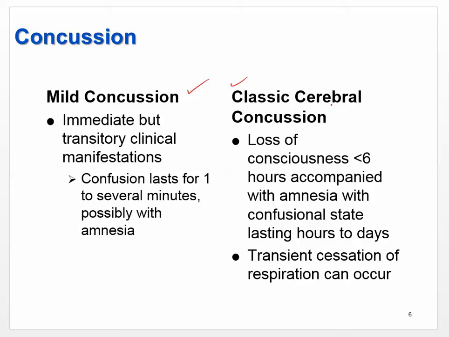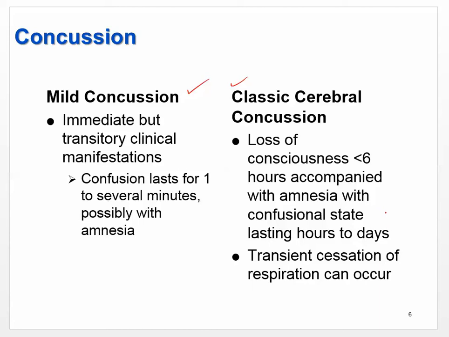So classic cerebral concussion, that's going to have a loss of consciousness, and again, usually for less than 6 hours, but that's still a respectable amount of time and kind of scary, actually. So with amnesia, confusional state that may last for hours or days.